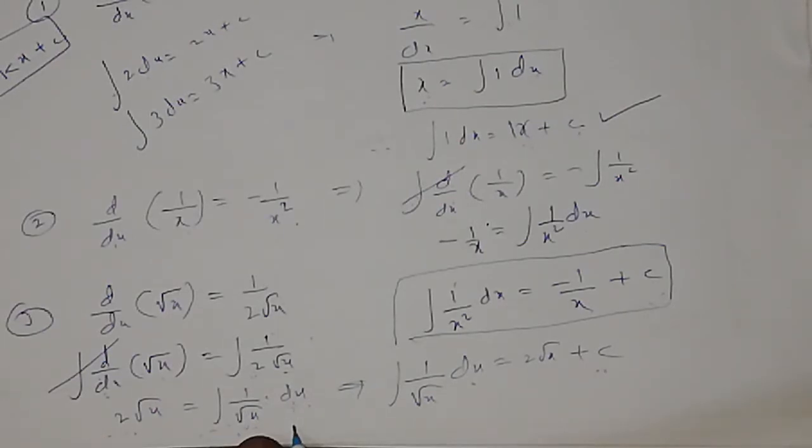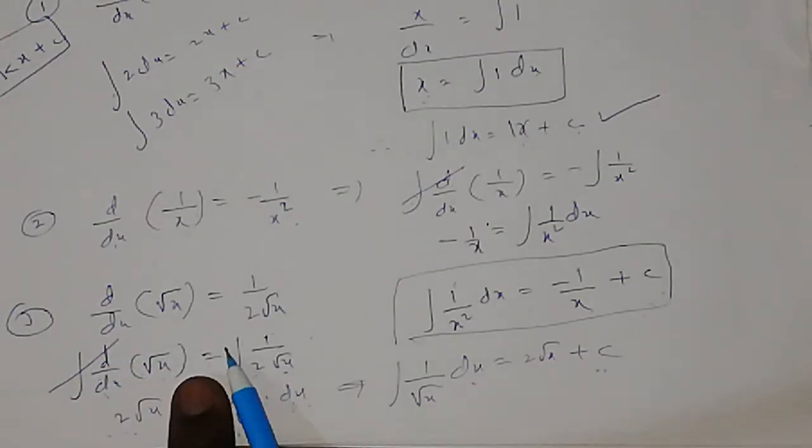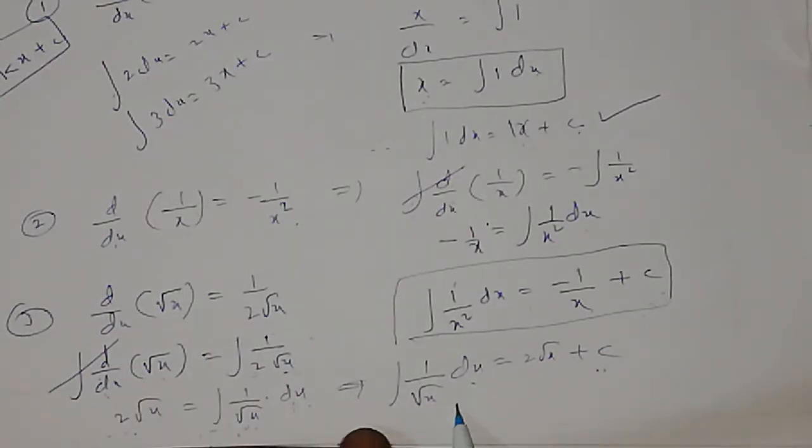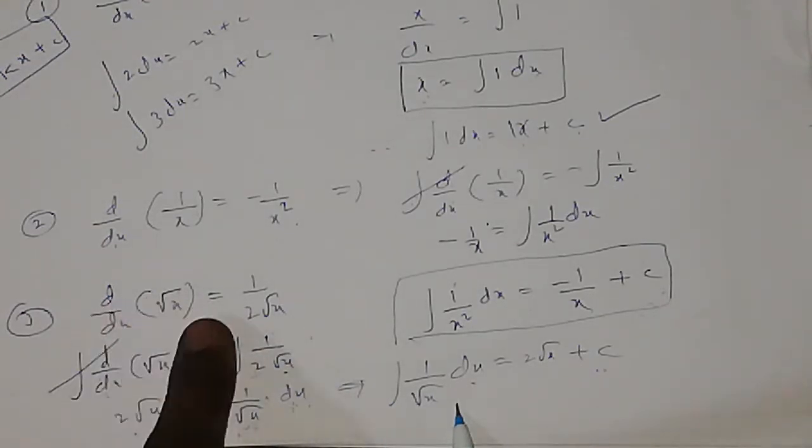This is the formula for 1 by root x. So integration of 1 by root x dx is equal to 2 root x plus c. This is one more formula. So simply we are converting the formulas. d by dx of root x is equal to 1 by 2 root x; here the denominator goes to the left side, giving 2 root x.